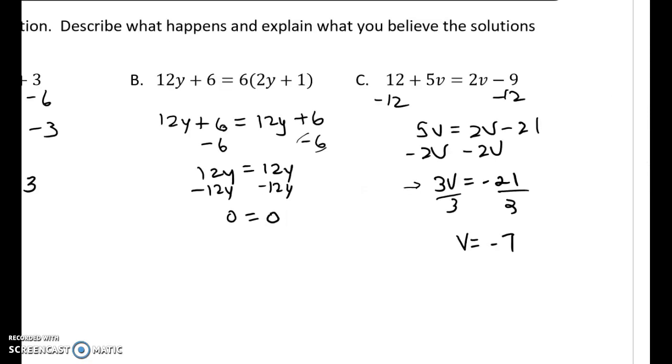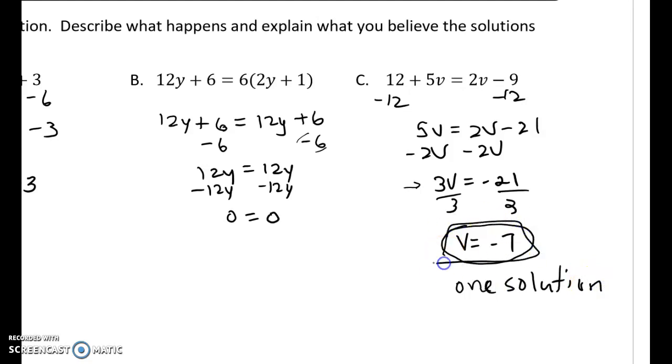All right, so Part C is your typical occurrence when you're solving an equation, when you're trying to solve for a variable. You know that you found the solution for your equation when you're left with the variable equals a number. So clearly there is only one solution for V, and that solution is negative 7.